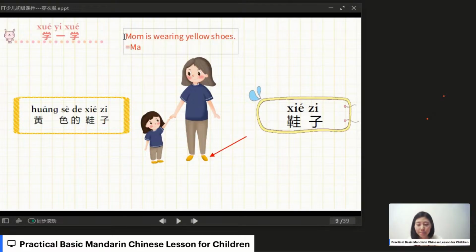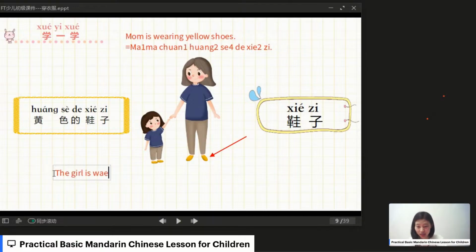So mom is mama. Mama wearing is 穿. Mama 穿 the yellow shoes 黄色的鞋子. One more. 妈妈穿黄色的鞋子. So here, actually the daughter, right? So here, the girl. So we just use the girl.